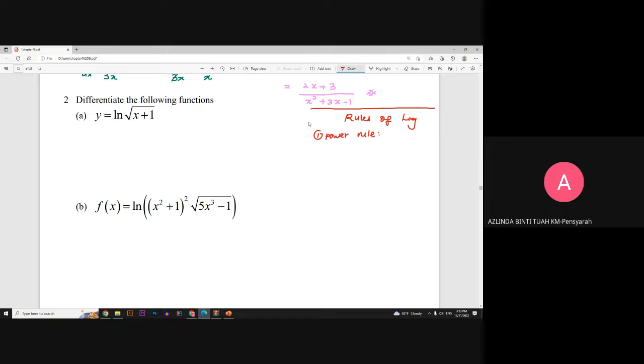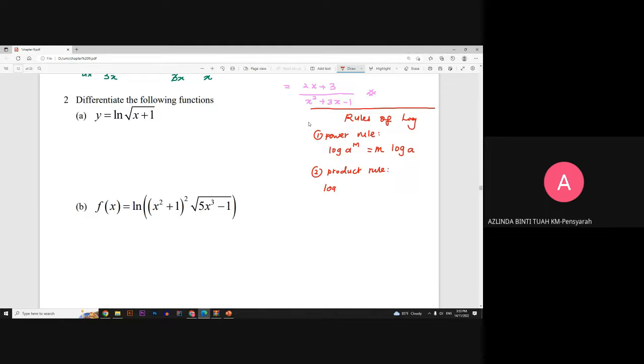Okay, which one? When we have log a to the power of m, we're going to bring down the power, so it becomes m log a. Okay, the second one, we're going to apply the product rule. This is the product rule of log.